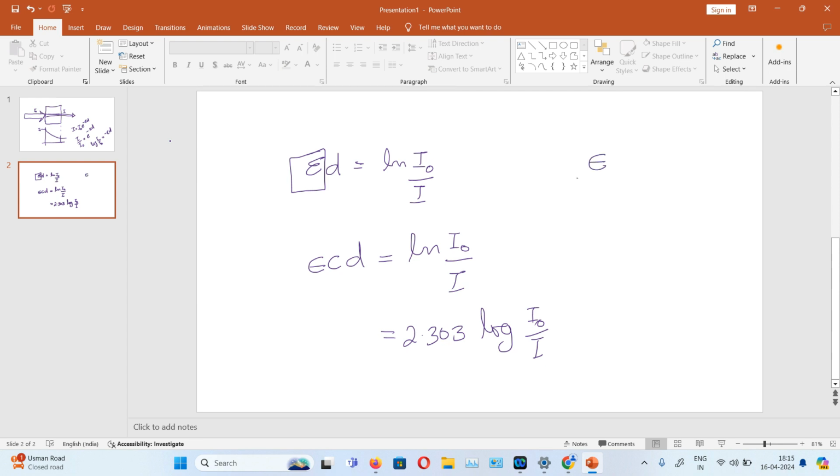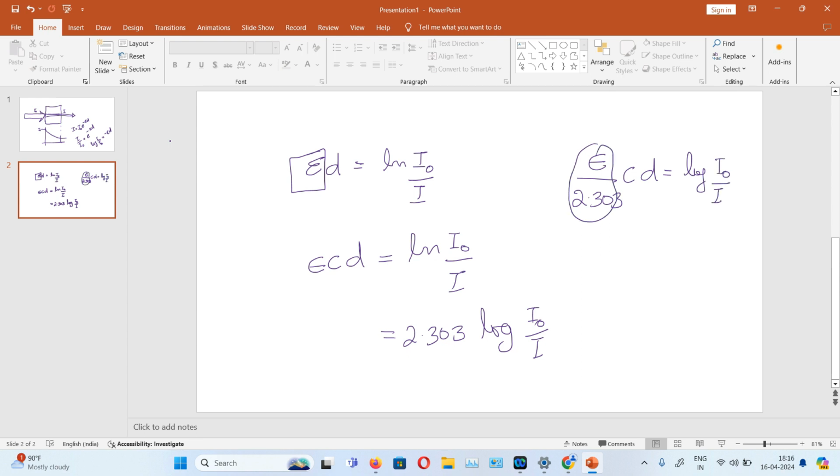So this epsilon by 2.303 can be written as epsilon into c into d equals log I naught by I.